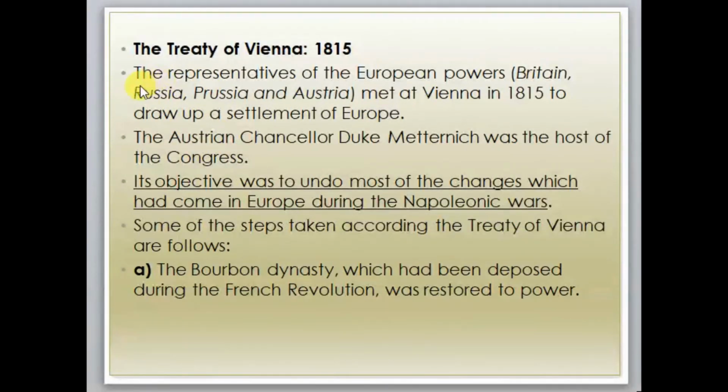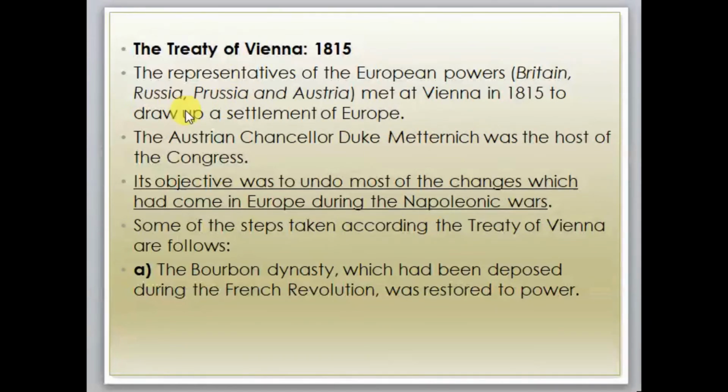After the defeat of Napoleon, the representatives of the European powers, that is, Britain, Russia, Persia, and Austria, met at Vienna in 1815 to draw up a settlement of Europe. The Congress was hosted by the Austrian Chancellor Duke Metternich.